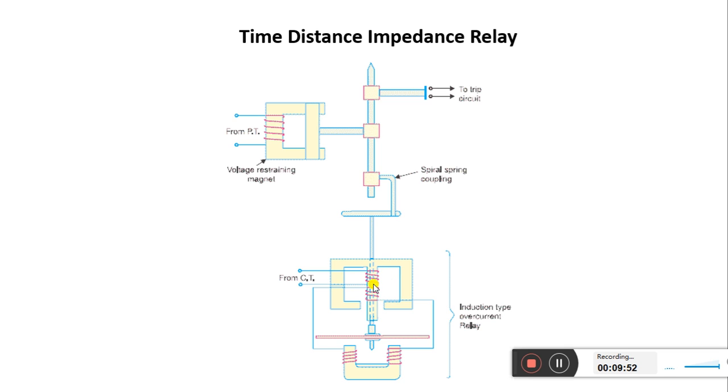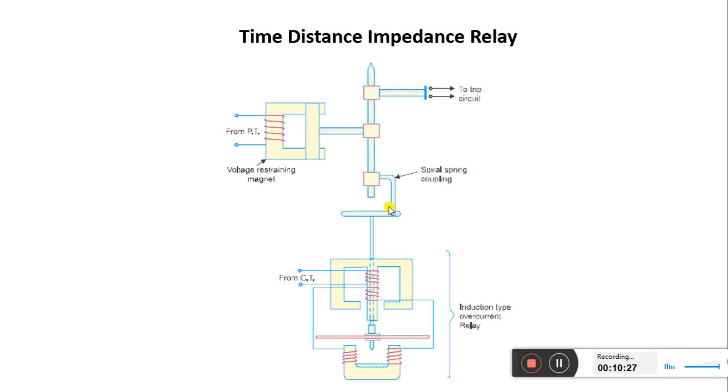So what will happen? This spindle is attached to this spiral spring coupling, so it starts rotating against the spring force. This disc will carry on rotating until the spring force is sufficient to pull the contacts into the closed position.